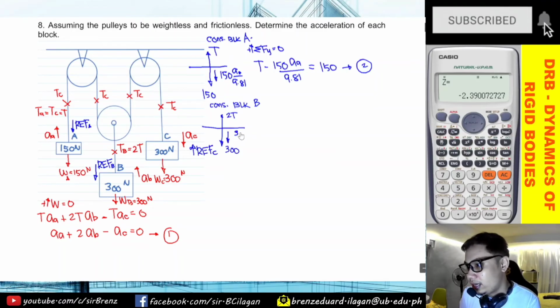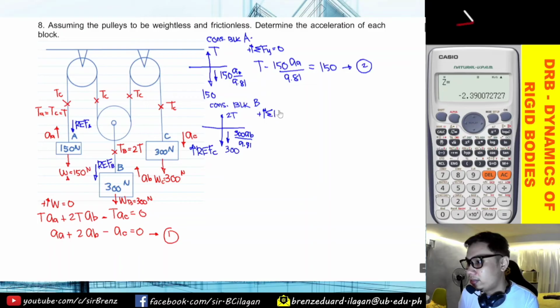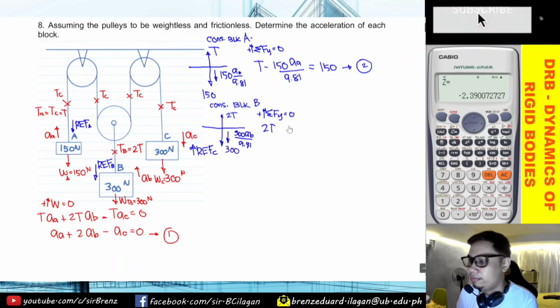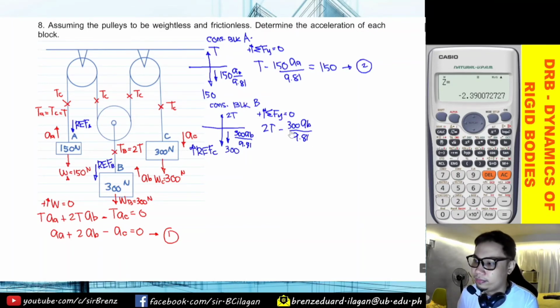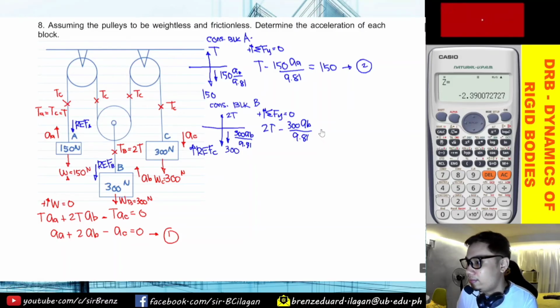So that is 300 times acceleration ni block B all over 9.81. So ganun lang ulit. Take ka ng summation of forces ng Y equals to 0. So the equation will be 2T minus 300 of acceleration ni block B all over 9.81. And then equals to 300.